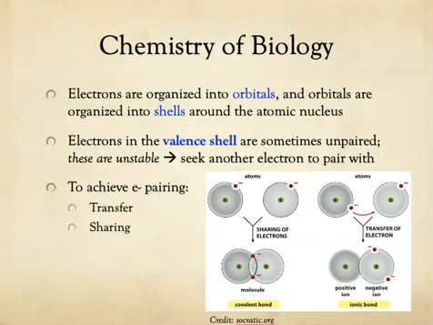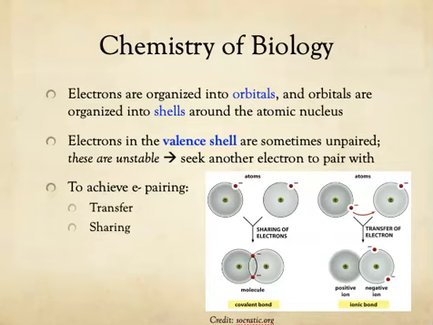We can predict, however, where an individual electron will be at any particular time around that atomic nucleus. Electrons, it turns out, are organized into these areas around the atomic nucleus, referred to as orbitals. And combinations of orbitals make up what we call shells around the nucleus.